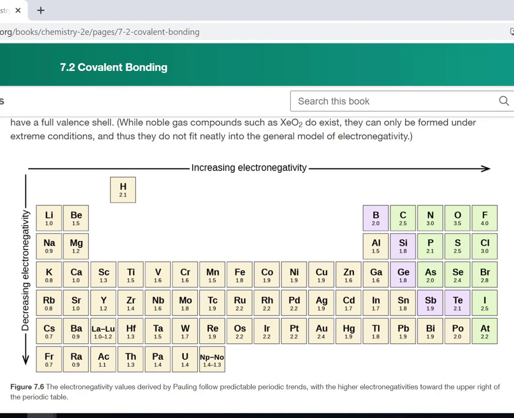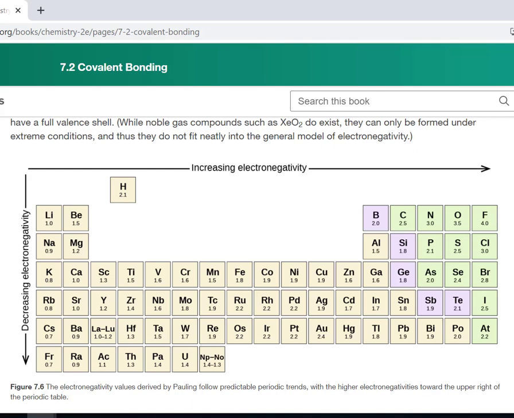First of all, if you are provided this information, can you perform those calculations? And then secondly, if you are not provided this information, can you say what the trend is? That is without memorizing the numbers, but just what is the trend?